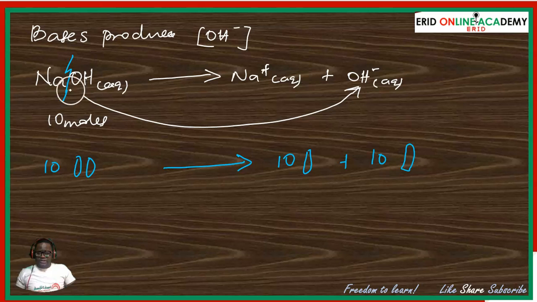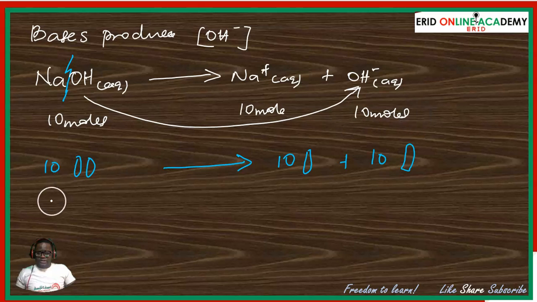If this base will completely release all the hydroxide it has, then I would expect to have 10 moles of sodium ion and 10 moles of hydroxide ion. If this was the case, then I would be able to say that this sodium hydroxide is a strong base.